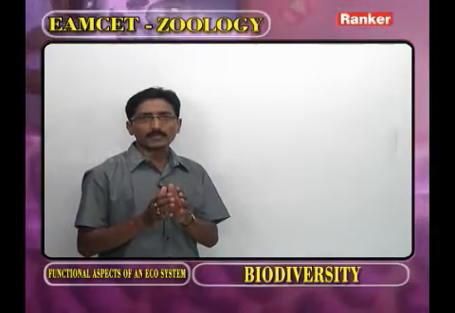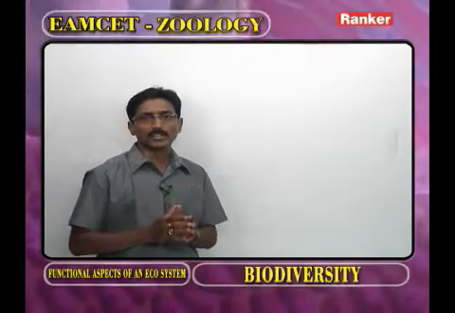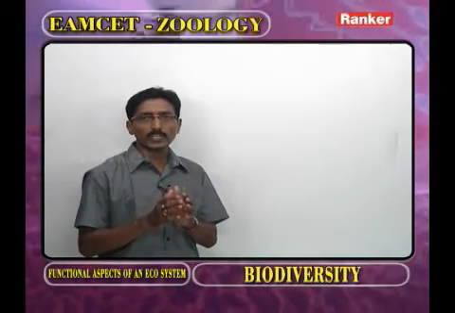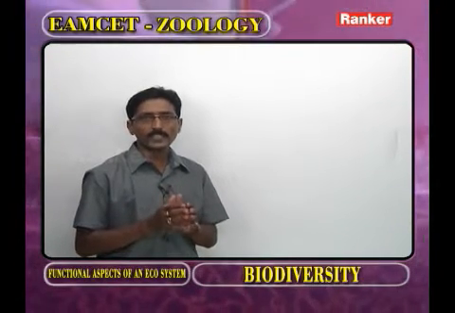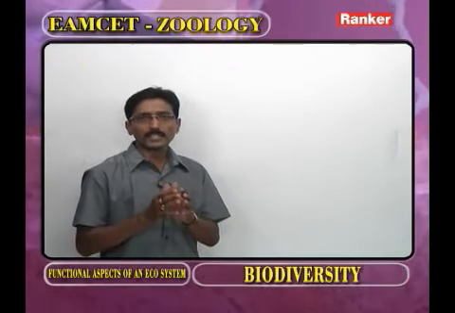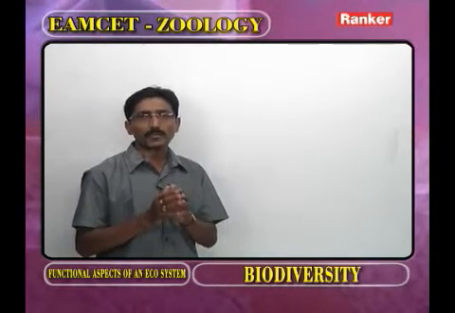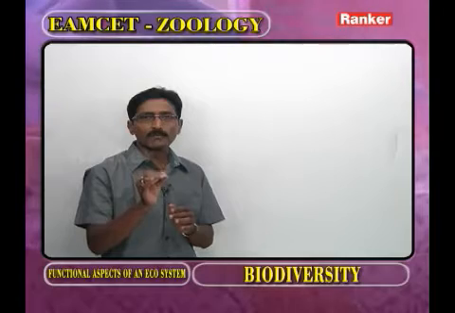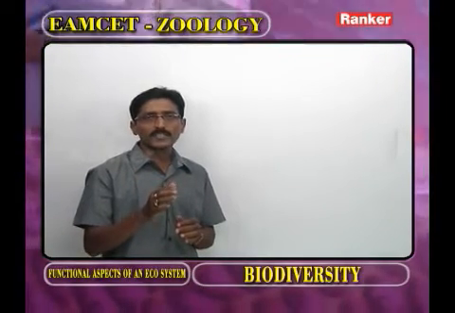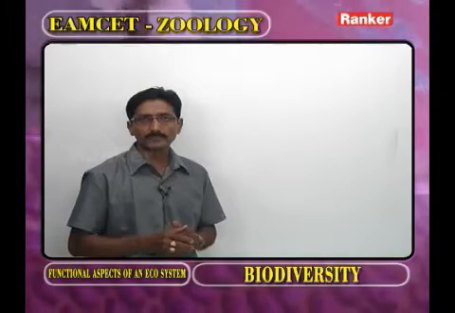The second example is the phytoplankton. As producers, their role is very important, because the green plants and phytoplankton trap the radiant energy, and by photosynthesis they prepare their own food material.